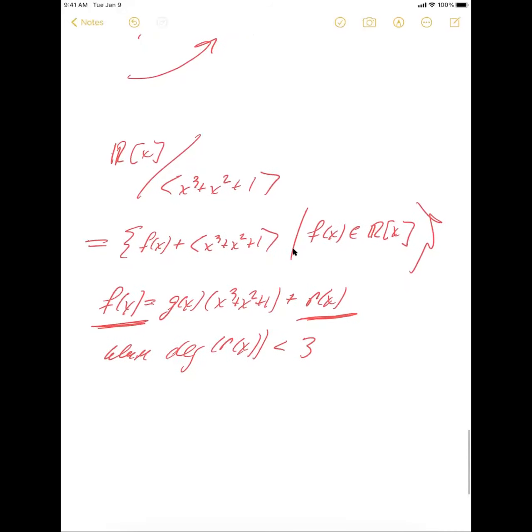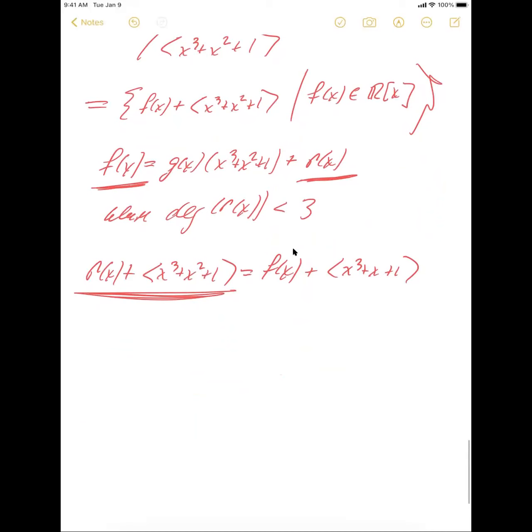In other words, r of x plus the ideal is equal to f of x plus the ideal. So we can say, oh, every single coset corresponds to a coset whose degree is strictly less than 3. And so that means that we could say, oh, really then the quotient is equal to this.